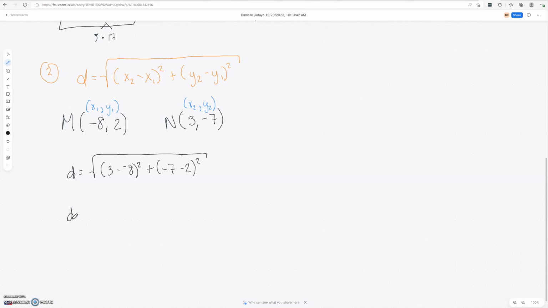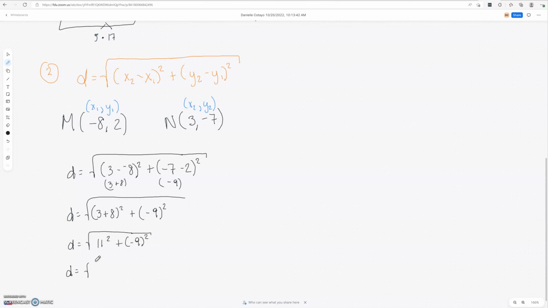Okay. So my distance is equal to the square root of 3 minus negative 8. 3 becomes 3 plus positive 8, so this is (3 plus 8) squared plus, and then negative 7 minus 2 becomes a negative 9, so plus (negative 9) squared. Okay, so the distance is equal to 11 squared plus negative 9 squared.